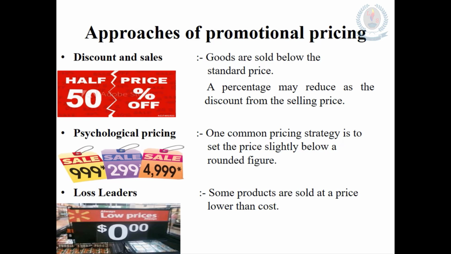What they are trying to do is make the customer feel, oh, this product is not 5000, it's 4900 something. This product is not 1000, we don't want to spend 1000, just 900 something. So a kind of psychological bribe is given to the customer, attracting customers towards the product.